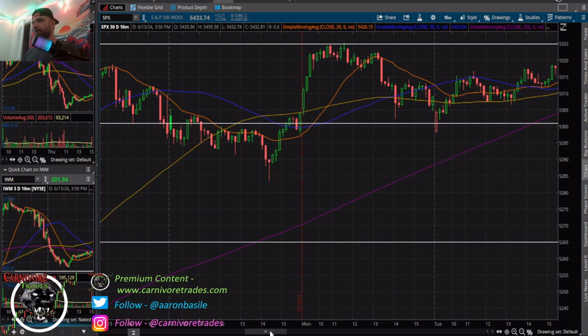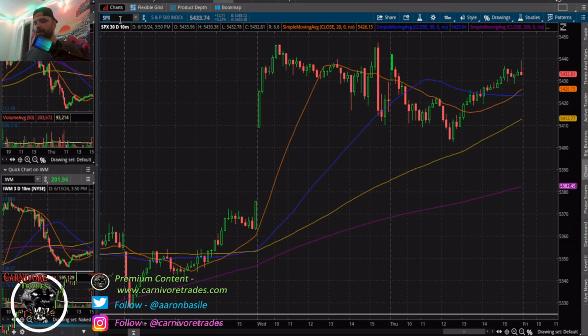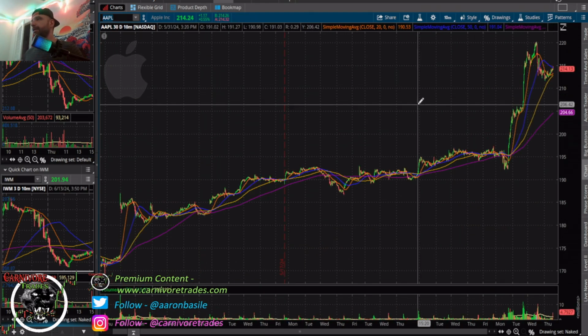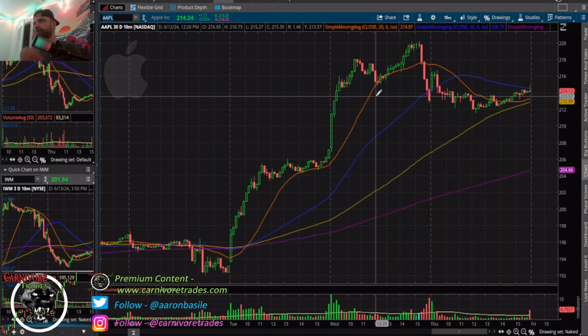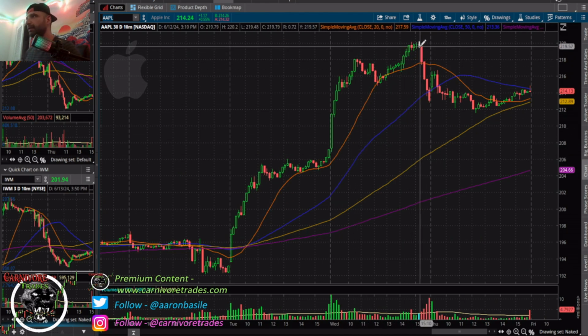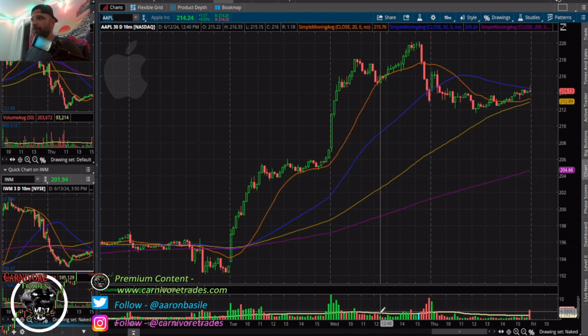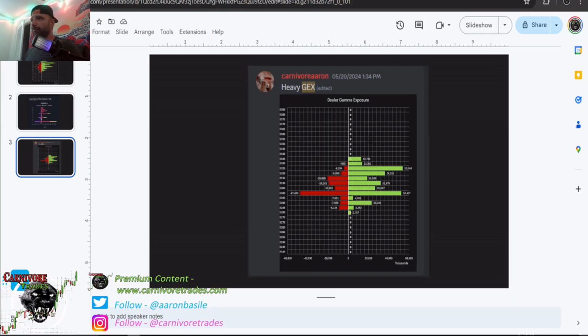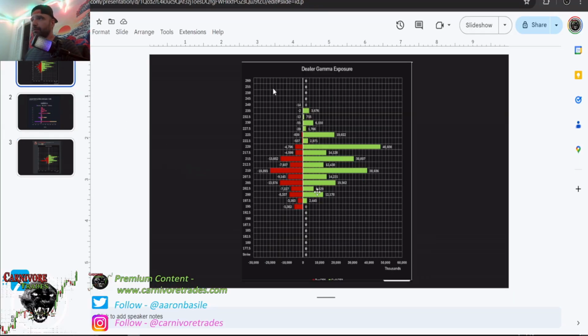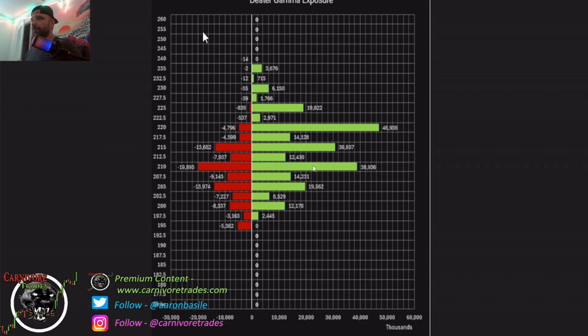I talked a little bit about this on Apple yesterday. There were a lot of posts about this, like, oh, this is institutions selling it into Apple because they're distributing shares and whatnot. But we knew that was not the case because we pointed this out in the trading room. Where did it stop here?